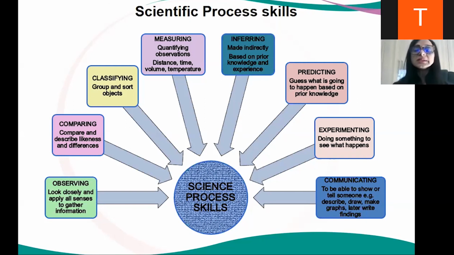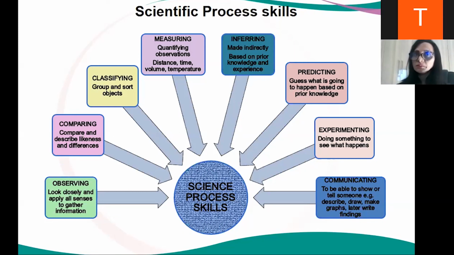The next is measuring. Measuring is about quantifying observations, looking at distance, time, volume, temperature. What is hot? What is cold? Why? When does water evaporate, for example? Inferring means making an assumption indirectly, based on prior knowledge and experience. Guessing what is going to happen based on prior knowledge.